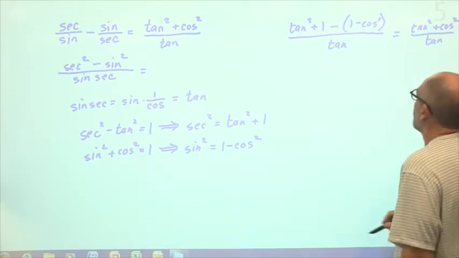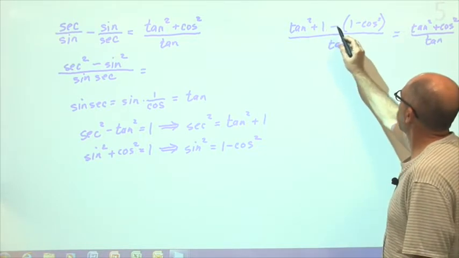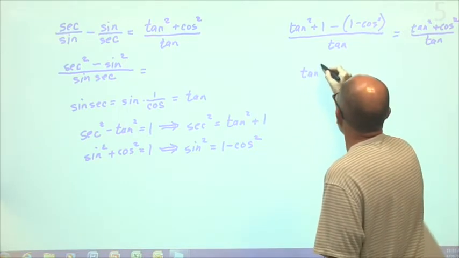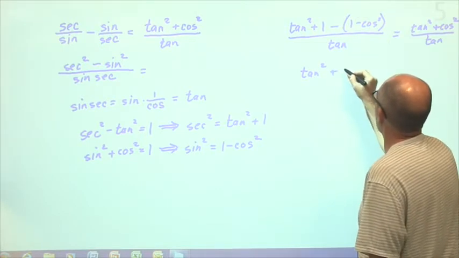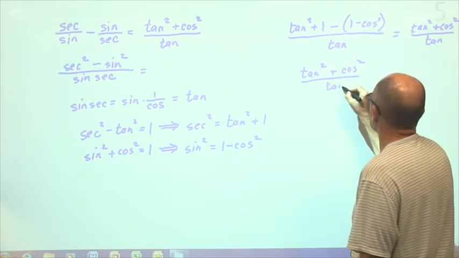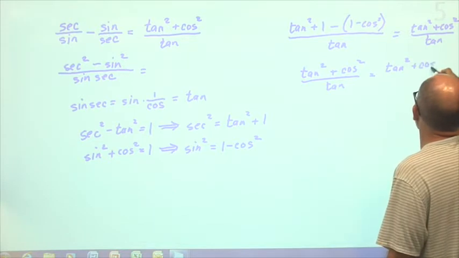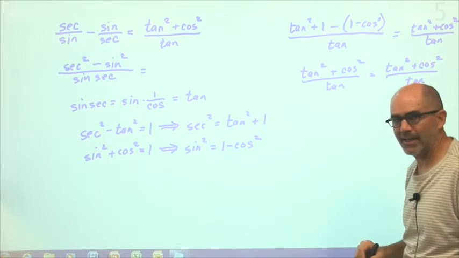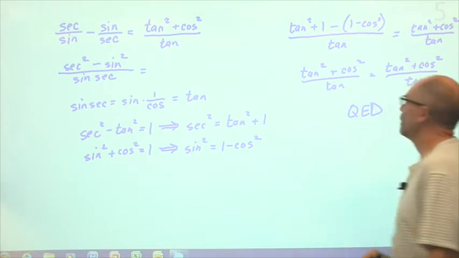Okay, now notice what I have here is tangent squared plus 1 minus 1, the 1's cancel, and I have minus a minus cosine squared. And everything works out happy. So that's it, QED.